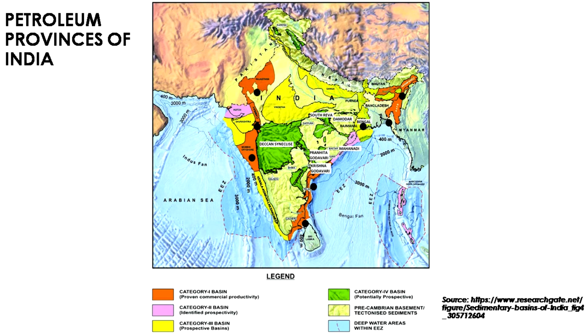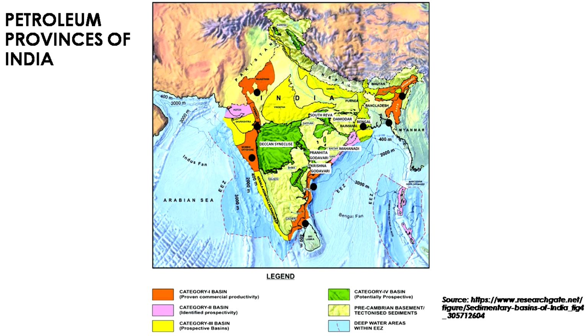Let us come to India now. Where do we find oil in India? Now, Geological Survey of India has worked in detail, and they have found that there are 26 sedimentary basins in India. Out of those 26 sedimentary basins, we find oil and gas only in 7 basins, which are marked in orange color in this map.